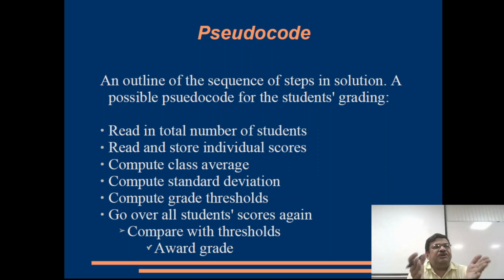And it becomes much easier once you write it down in a sequence of action steps. It becomes much easier to figure out how the complete design of the program would look.